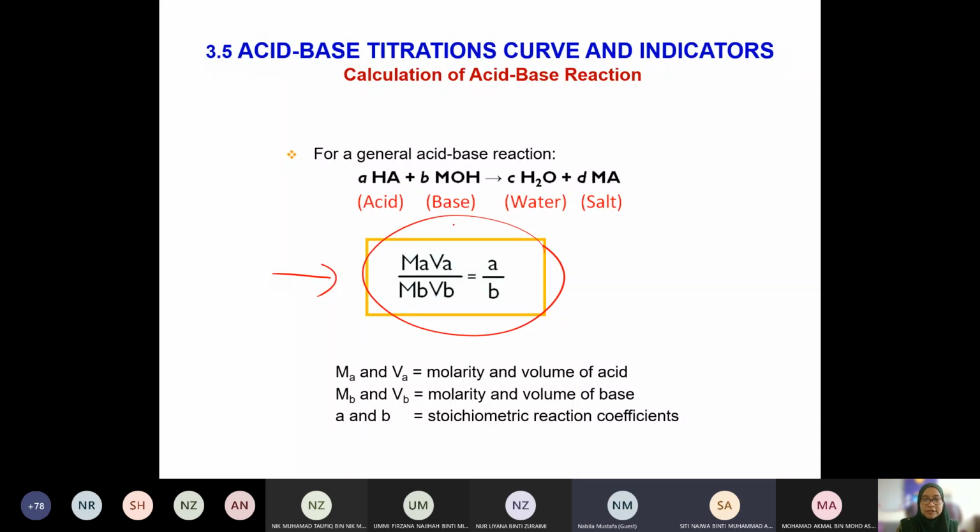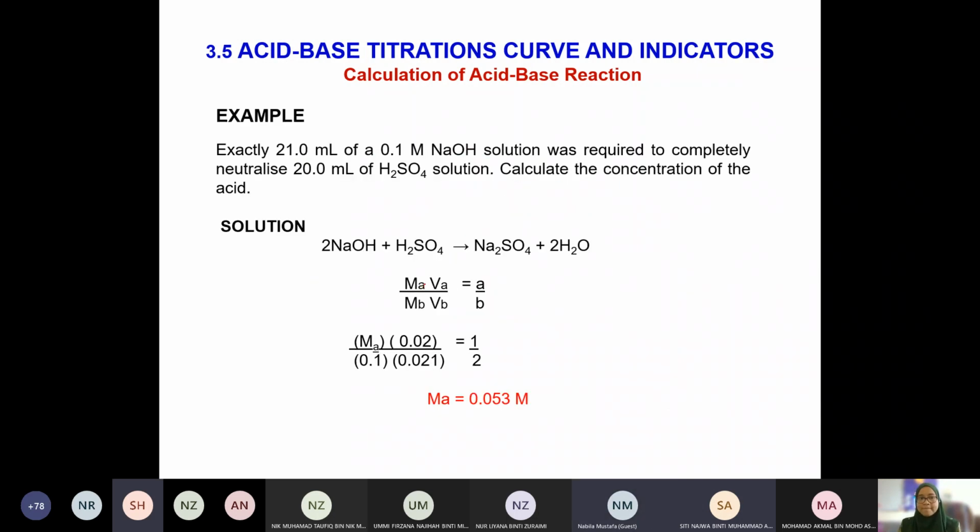We want to know the volume, how much is needed, and the molarity. From the molarity we will be able to know the moles and so on. As you can see, we have M and V, and A and B can be obtained from the equation. So this is at equivalent point.